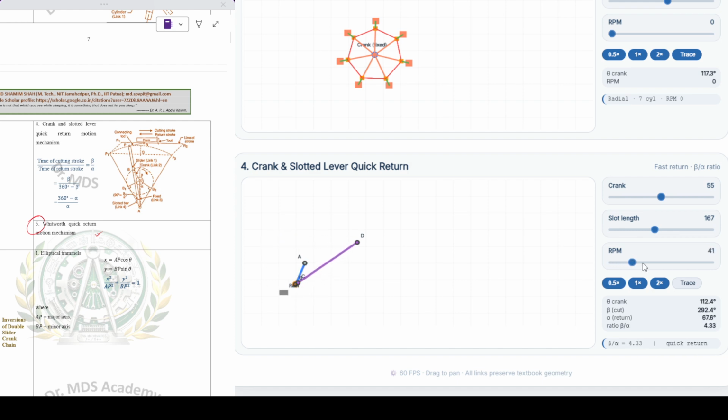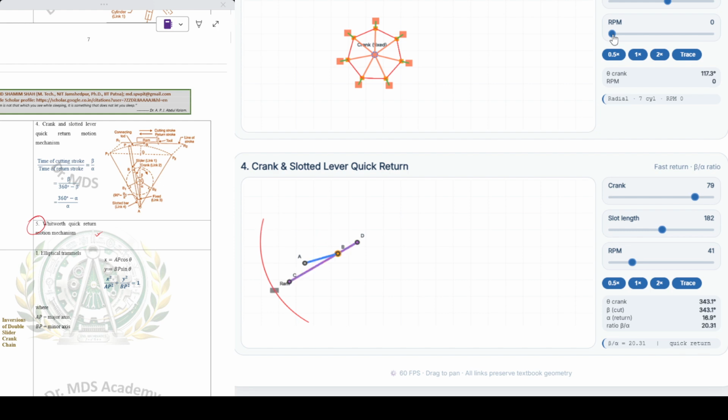Just make the RPM active, the trace. This is the construction motion line made by the crank and slotted lever quick return mechanism. Just change the slot length. So this was all about the inversion of single slider crank chain.